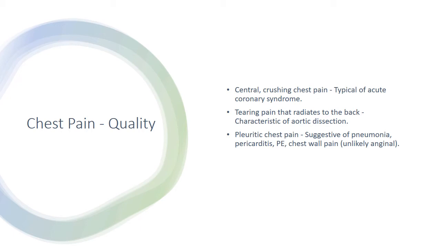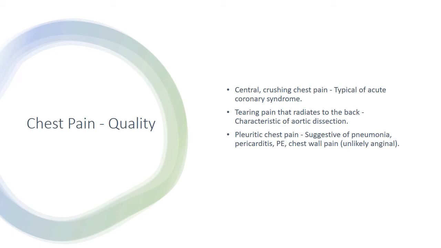We can see here then that our crushing central chest pain is absolutely typical of acute coronary syndrome. So again, this is including MI and angina pain. Interestingly, we know that although this is more common in male patients, women tend to describe their pain quite often in other terms rather than using this typical crushing chest pain.